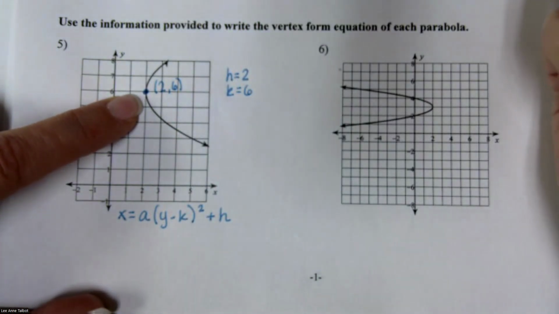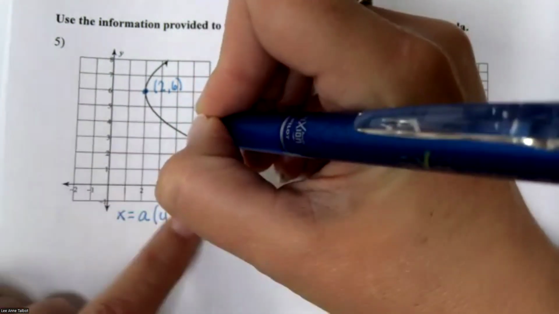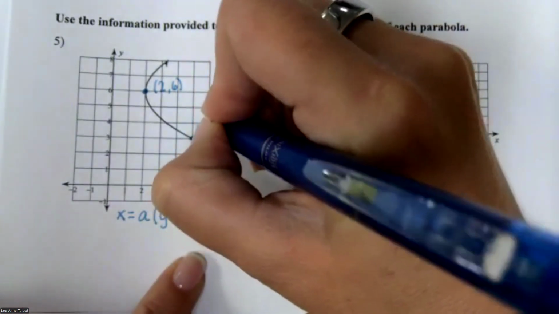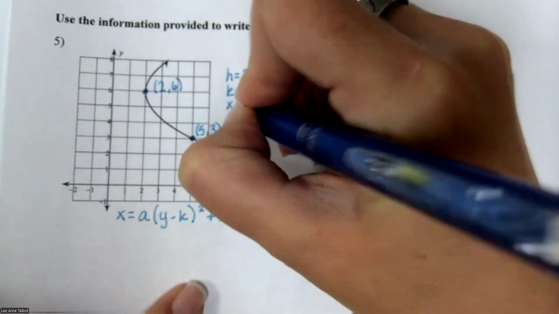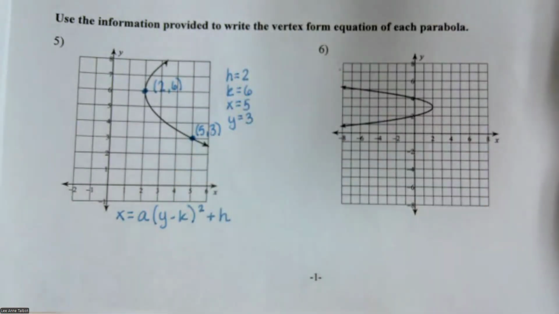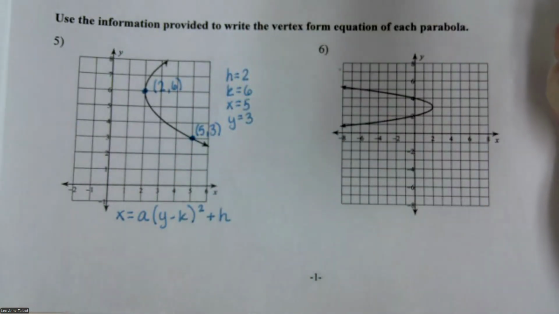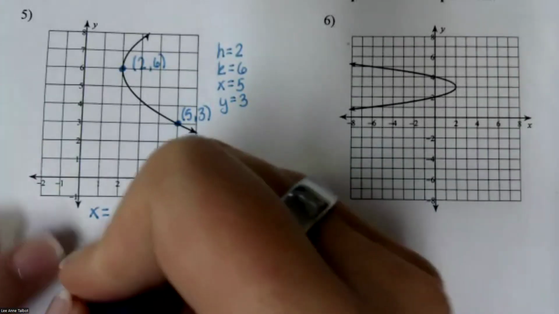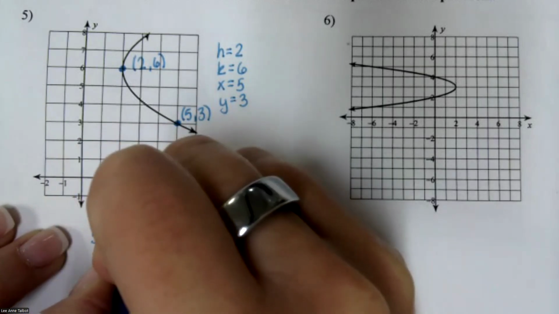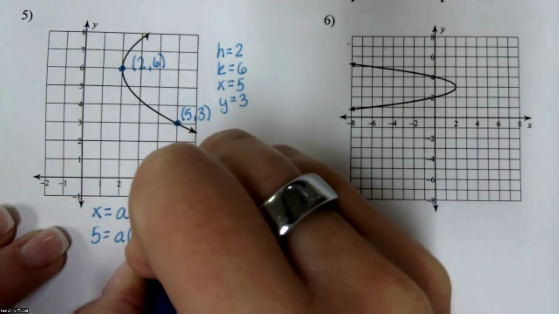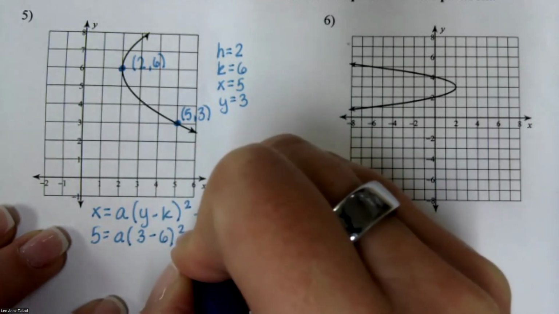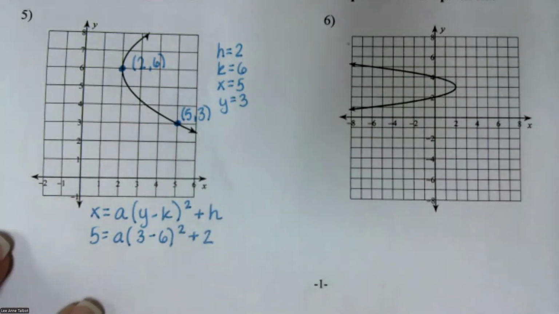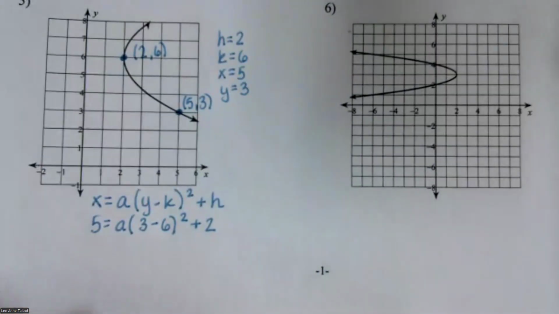Okay, and then what you need to do is find another point on it for your x, y. I picked this one right here, which is 5, 3. So x equals 5, y equals 3. Okay, 5 equals a(3 minus 6) squared plus 2. Question, you got this now, right? And then, do you guys know what the next step is?